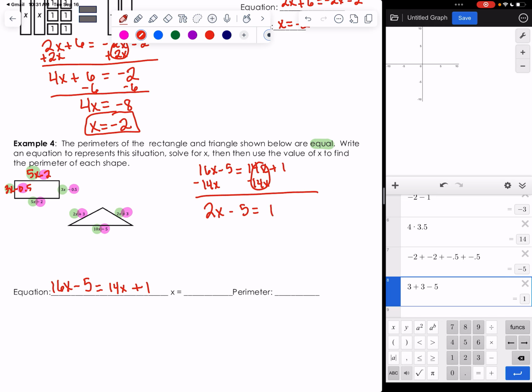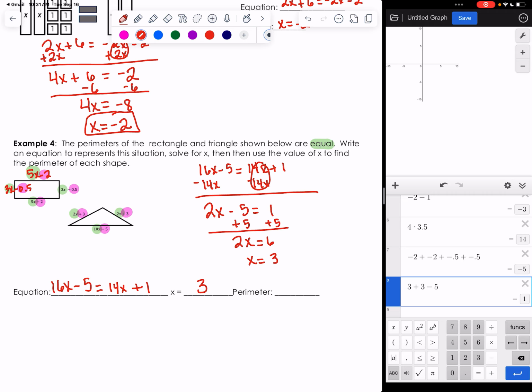Now we have a normal equation to solve. All we have to do is add 5 and divide by 2. So add 5. So 2x is equal to 6. Now divide by 2. 6 divided by 2 gives me 3.